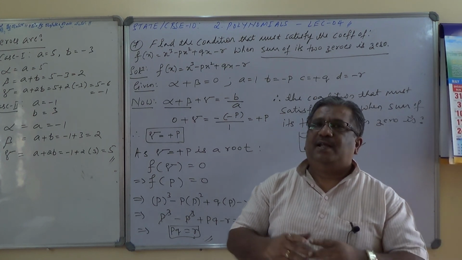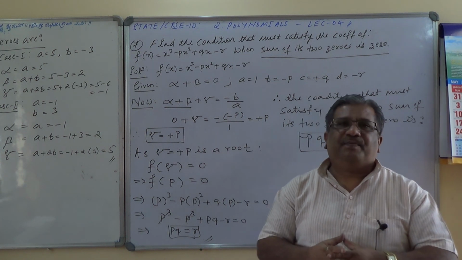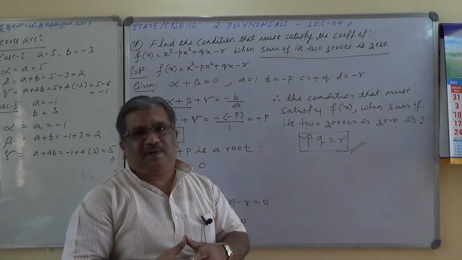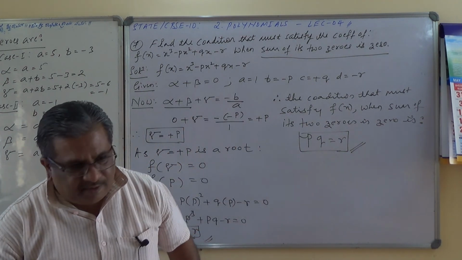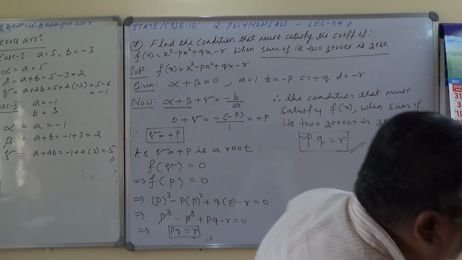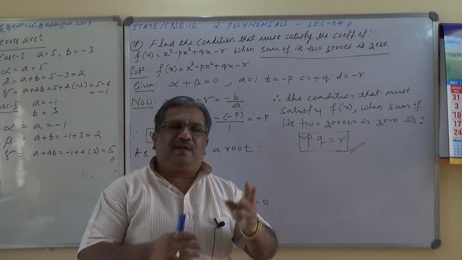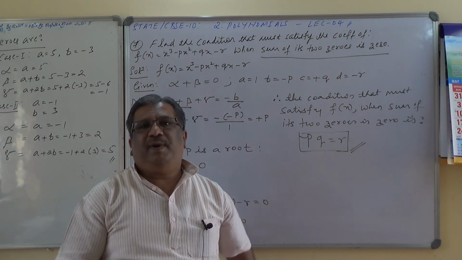For example, if the common difference is D, what are the three consecutive numbers? AP is done, isn't it? For many of you, arithmetic progression is done. So how do you select the three terms, which are three consecutive terms that are in AP? How do you select it?